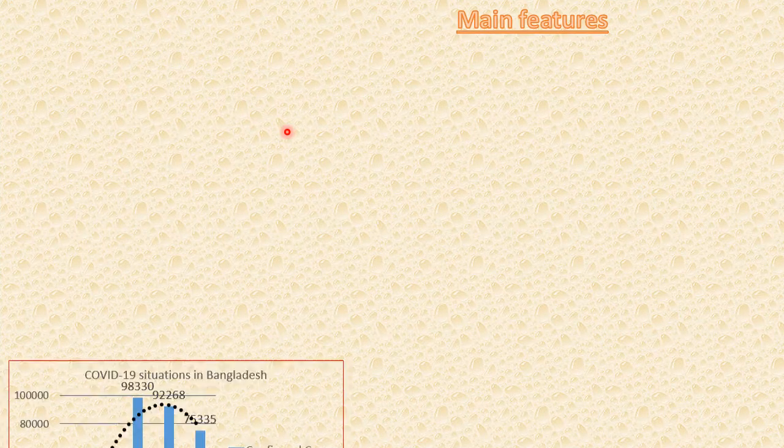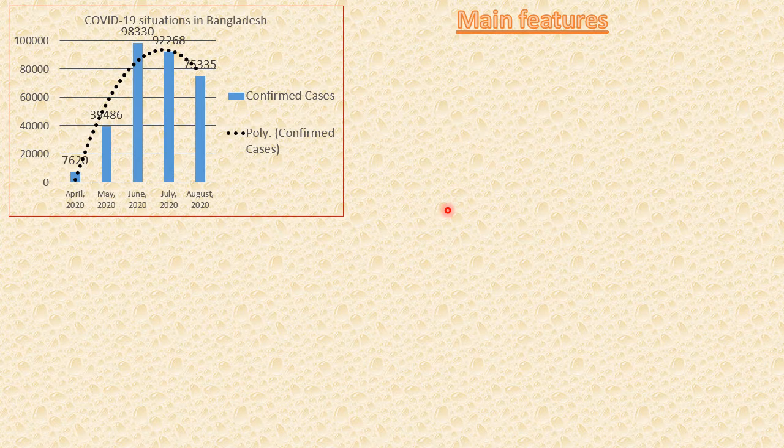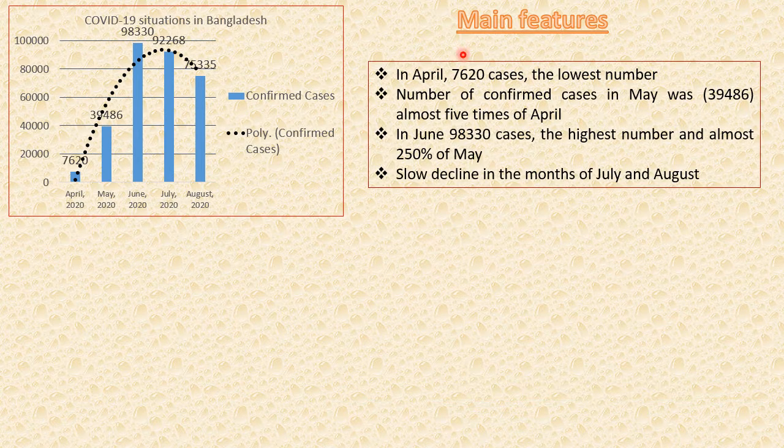Now the main features or the body, and here you find the main features. In April 2020 we find 7,620 cases, and this is the lowest number. In May we find 39,486 confirmed cases, and this is almost 5 times or 500% of April 2020.